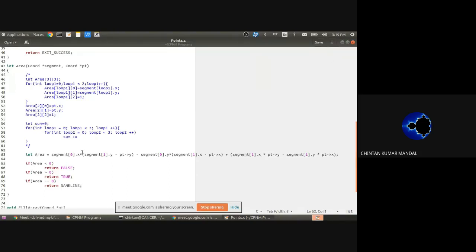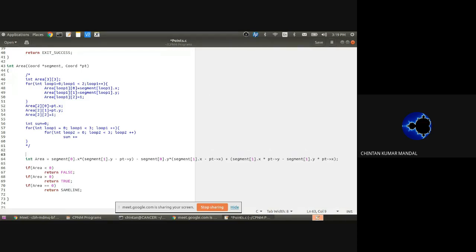What can be this one? So let's say, for example, you want to work with a sum area. This is basically a sum.